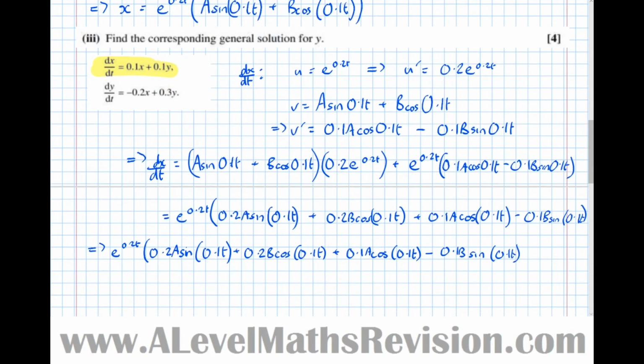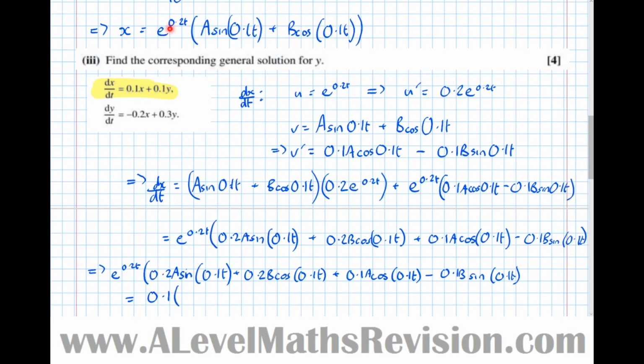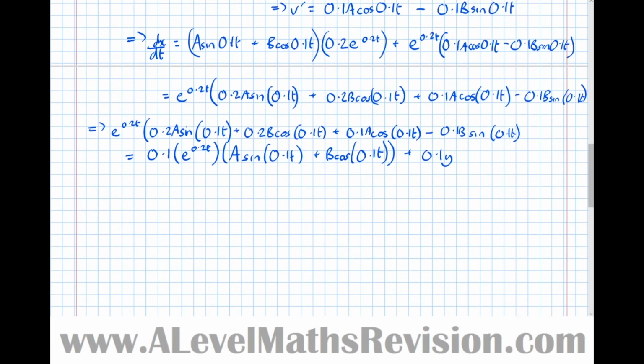Then it equals 0.1x, so 0.1, and we're told that x, before we've got the solution just here at the top of the screen, there's x, 0.1 of e to the 0.2t, a sine 0.1t plus b cos 0.1t, close bracket, plus 0.1y. So let's take all of these terms to the other side to get 0.1y equals.